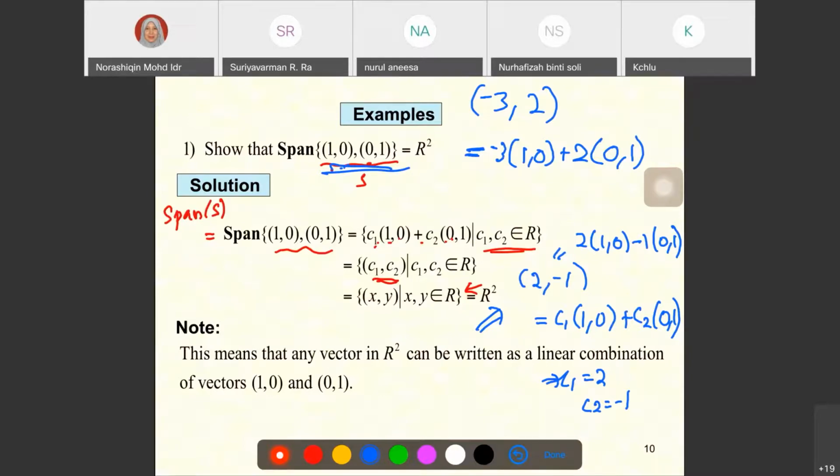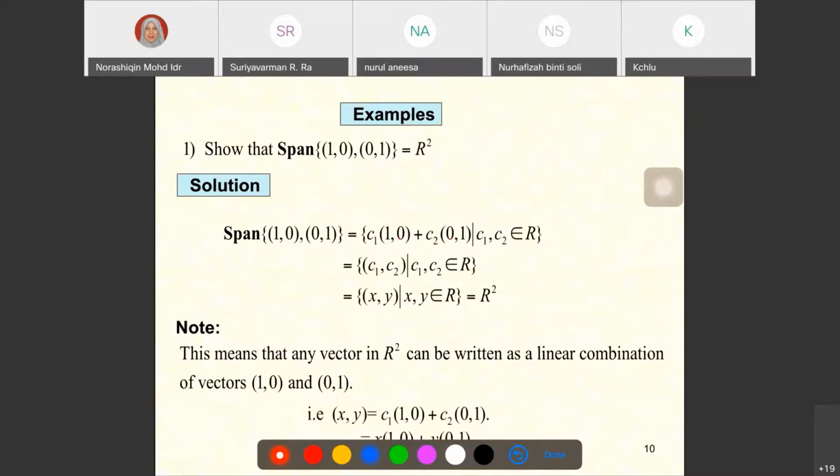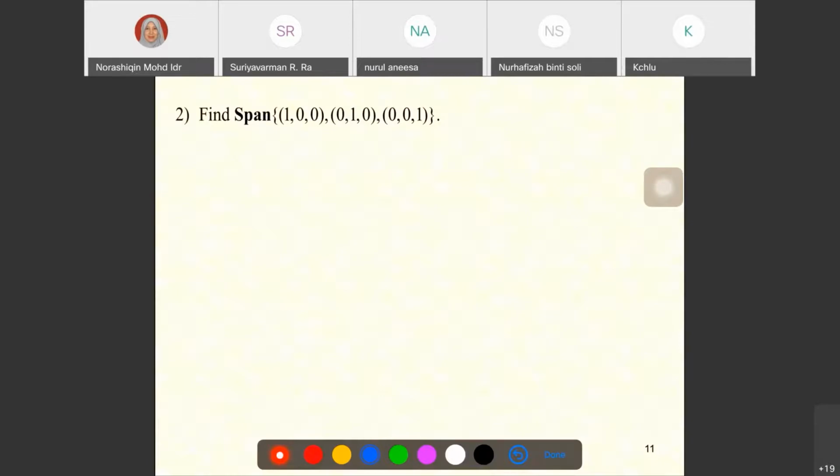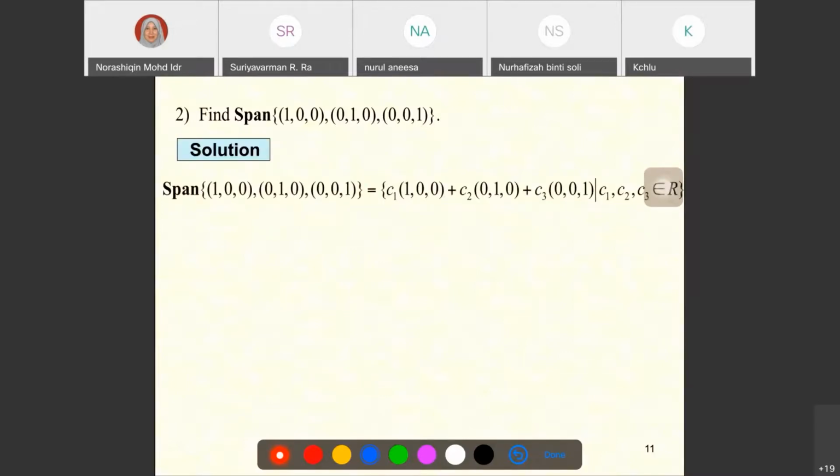Okay, similarly for 3 by 3, we have (1, 0, 0), (0, 1, 0), (0, 0, 1). It is R3. Why do I say R3? Same thing.